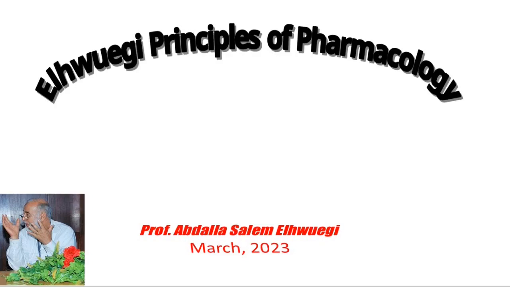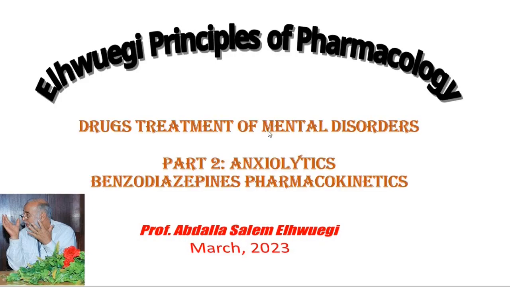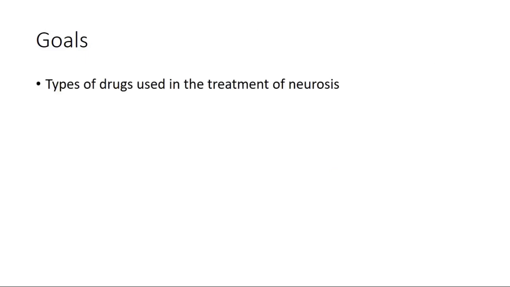In today's presentation, inshallah, we'll continue talking about drug treatment of mental disorders. This is the second presentation where we'll discuss the anxiolytics in details, especially the pharmacokinetics of the benzodiazepines. So the main goals of this presentation is first to know what are the types of drugs used in treatment of neurosis.